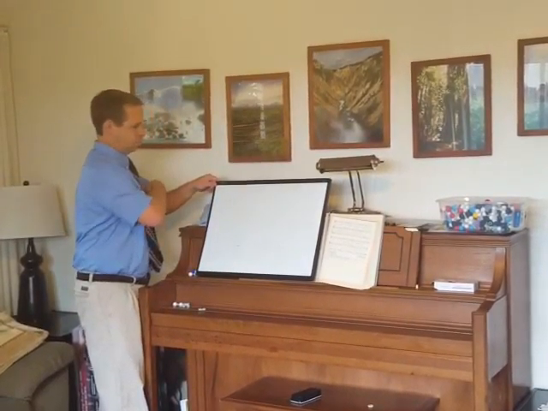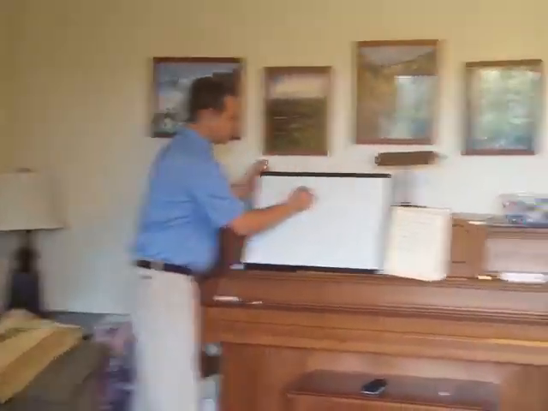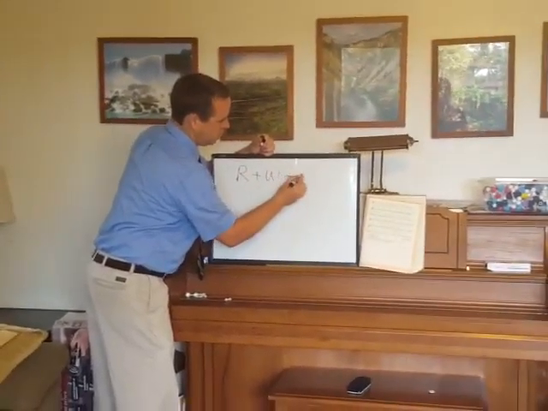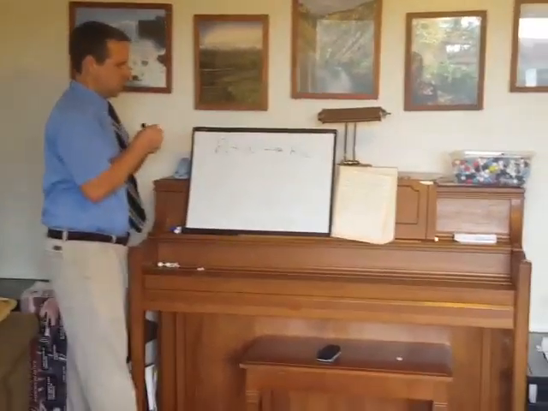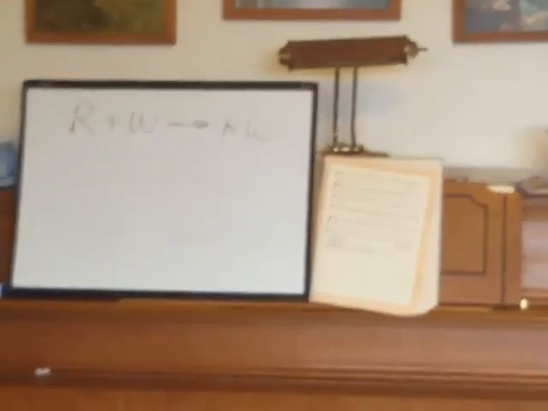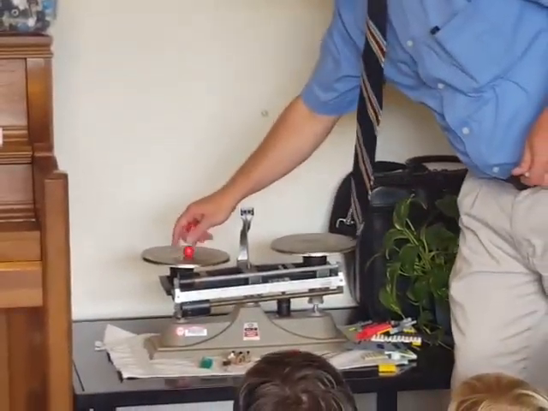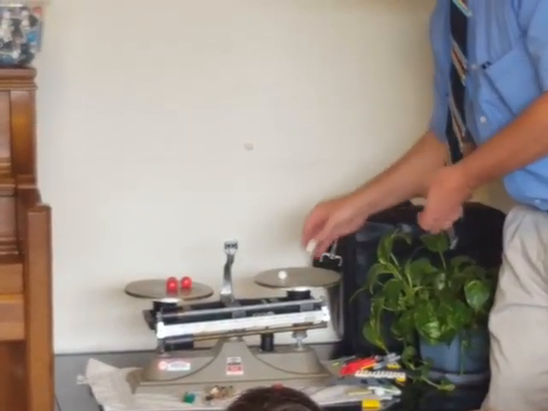I'm going to call my red balls R plus white balls W. What am I going to form? RW. Same thing. If I weigh out my R's and W's, are my R's and W's going to have the same mass? No. Who's going to have more mass, do you think? Red, because they're bigger. I was going to say because they're red, but all right, because they're heavier.